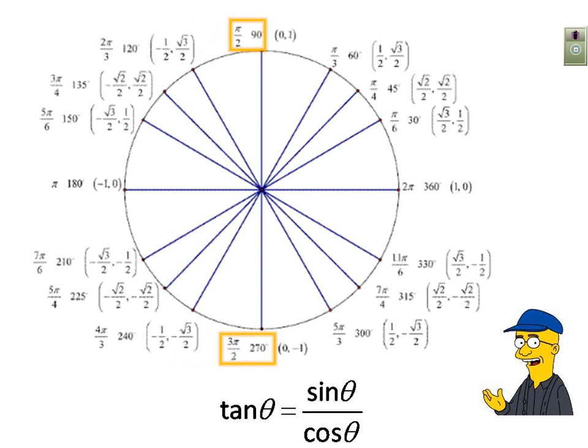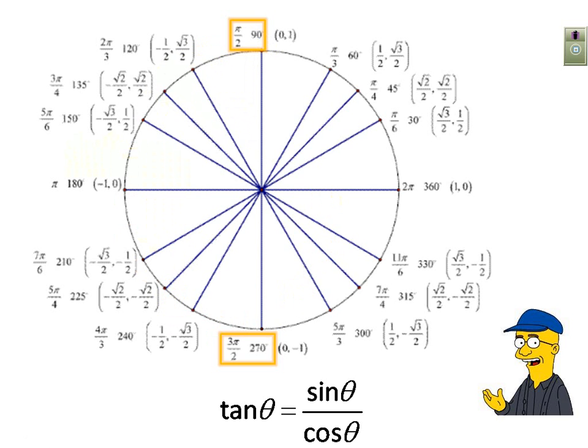Now, not just those two places, but all angles coterminal to that. So, if we're at pi over 2 and we go around the circle, as many coterminal angles as there are, that's how many places tangent is undefined. Coterminal angles to pi over 2 as well as 3 pi over 2.